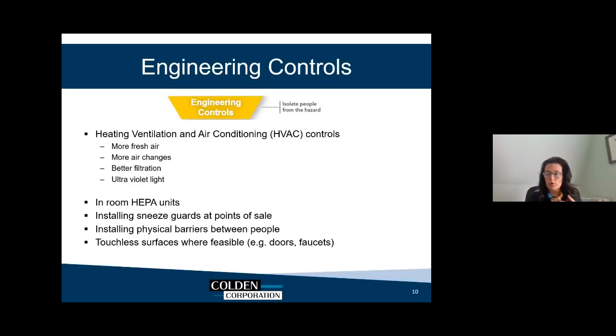More fresh air. And in fact, they said 100% fresh air, which is crazy, if your system can handle that for temperature and humidity. More air changes, just moving more air, and then better filtration up to MERV 13 or 14 if your system can handle the pressure drops.